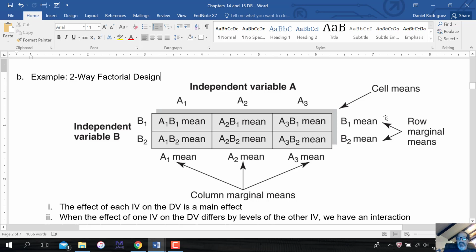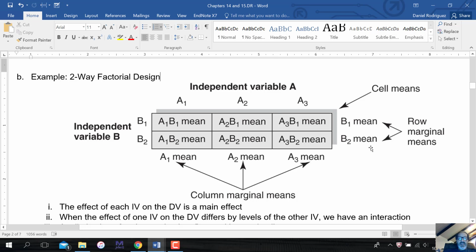There's values out here on the periphery, and there's values out here on the periphery. These are actually called marginal mean values. If I wanted to test if my independent variable has an effect on the dependent variable, I can forget completely about the different levels of variable A, like the different race groups, and just test if the overall mean for B1 differs from the mean of B2.